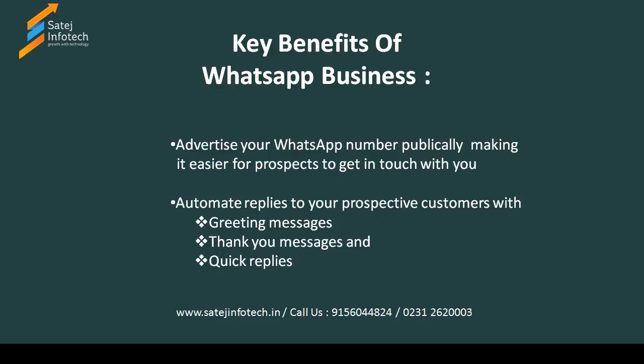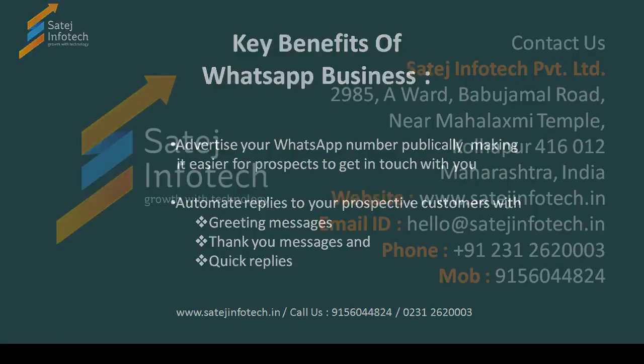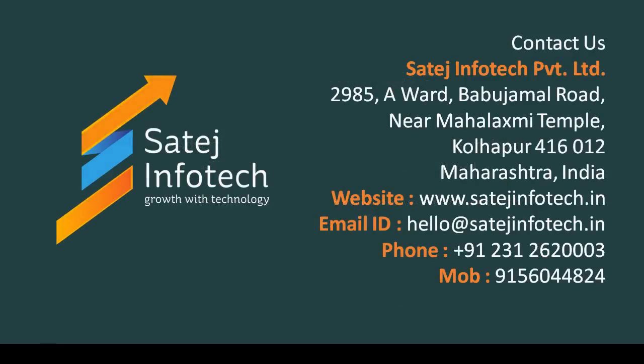You're actually making it easier for your customers to get in touch with you. And you can use the automated reply features like greeting, thank you messages, quick replies, and away messages. It automates quite a lot of things. So this is, in a nutshell, what WhatsApp for Business is.